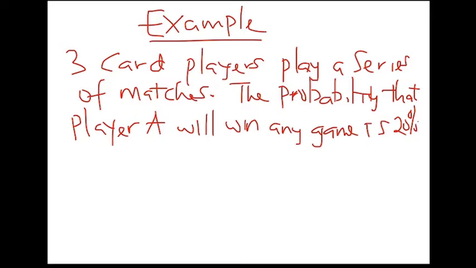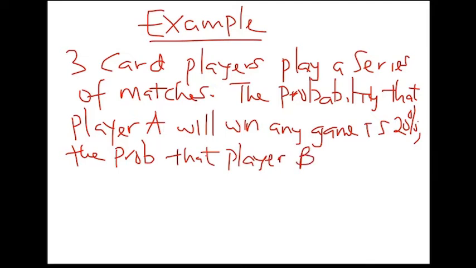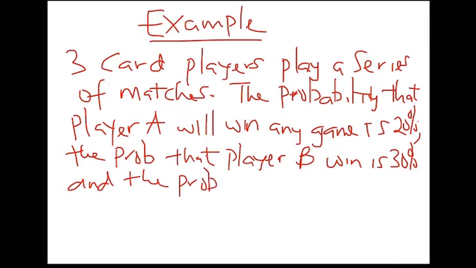The probability that player B wins is 30%. And the probability that player C wins is 50%.